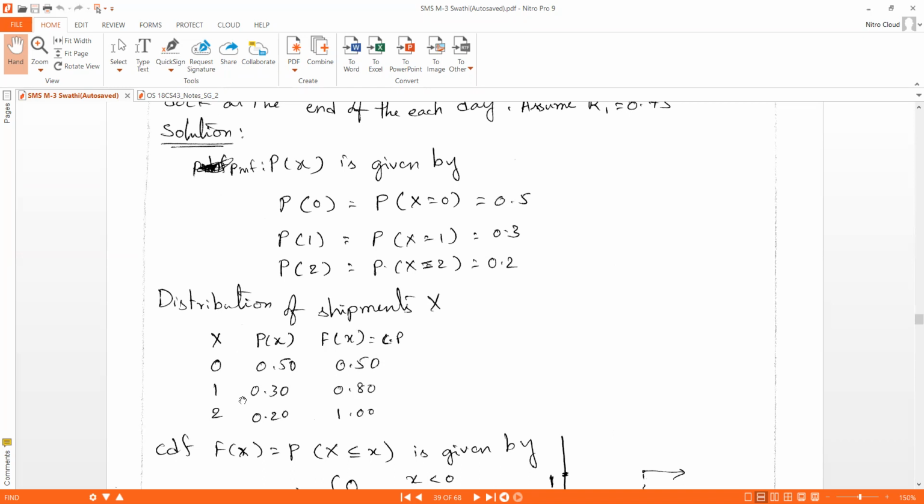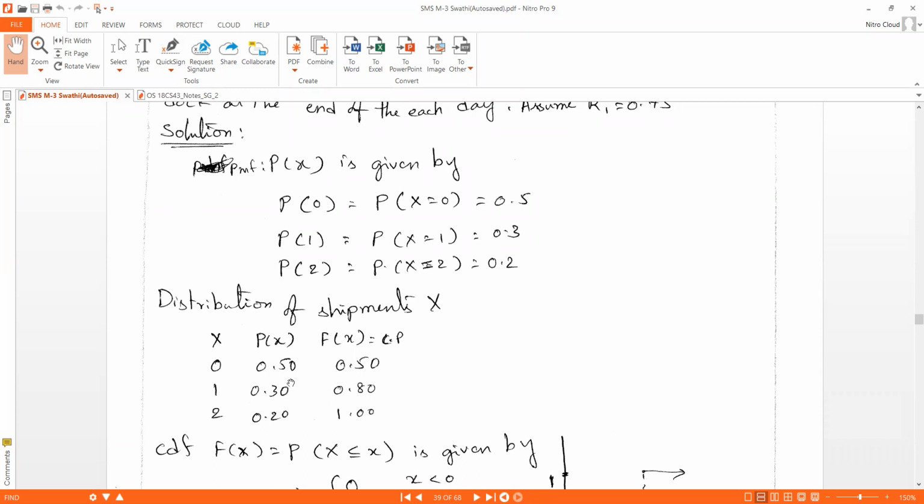When x equals 1, p of x is 0.30. When x equals 2, p of x is 0.20. These are the probabilities. For the first one, the cumulative probability is always the same as the probability, so it is 0.50.